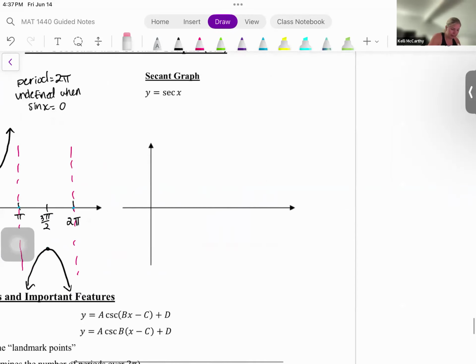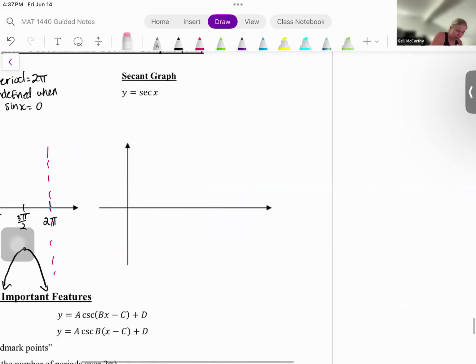Thinking about secant of x, this is the reciprocal of cosine x, so 1 over cosine of x. Because it's related to cosine of x, that period is 2 pi. And it's going to be undefined when cosine x equals 0.